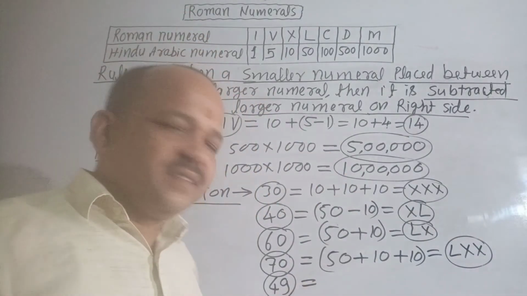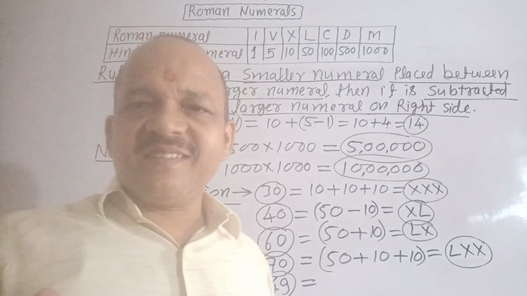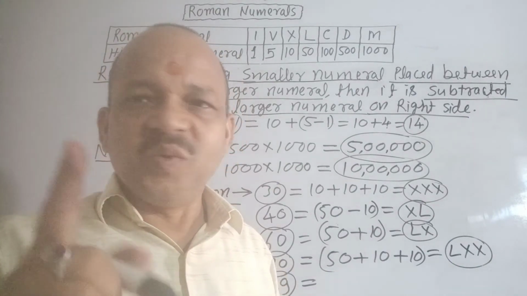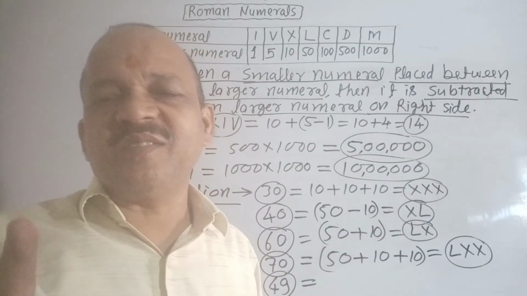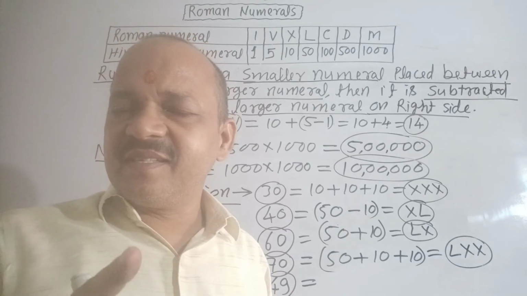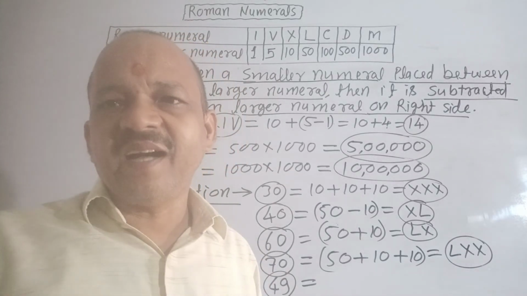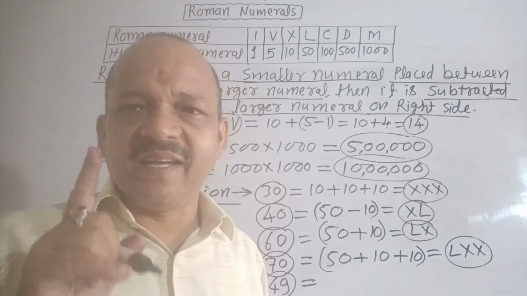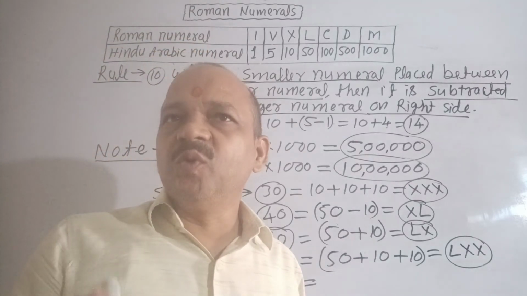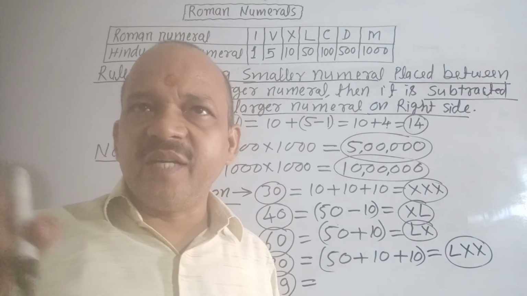You cannot write it as 50 minus 1. You cannot write 50 minus 1 because I is not subtracted from L. Clear? According to rule, V, L, D cannot be subtracted.